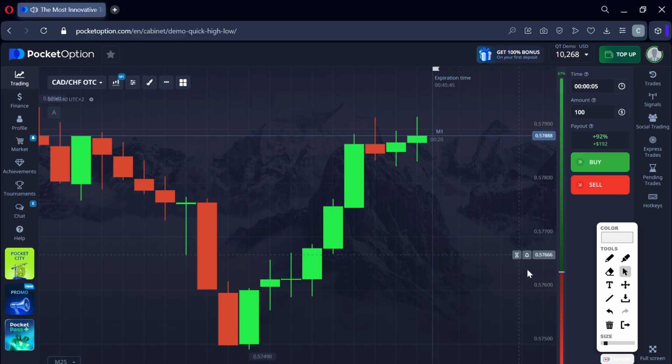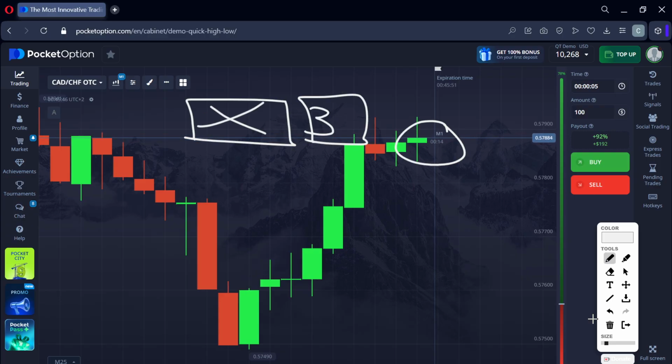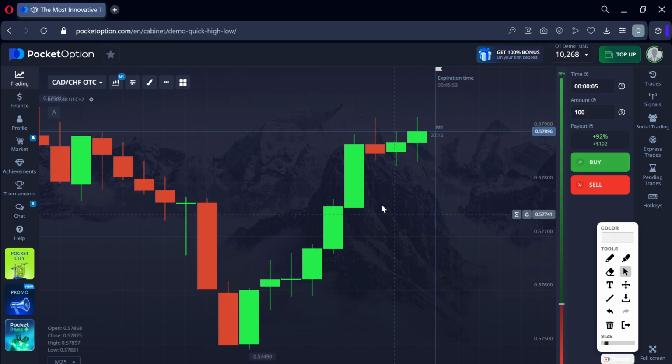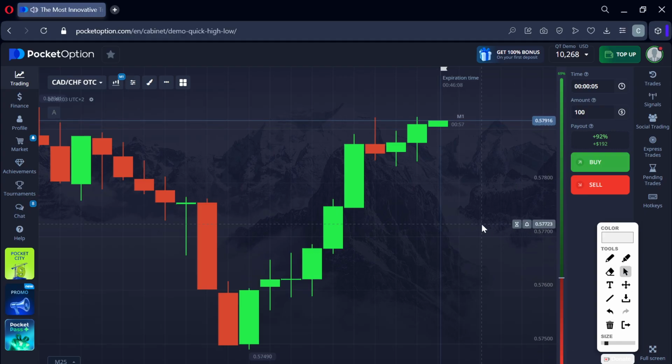So I would just say, don't enter immediately in the first 3 seconds that the candlestick opens, or else you're going to cause a lot of problems for yourself. Because like I said, when the candlestick opens, it normally creates a lot of movement like this before it then decides, is it going to go up, or is it going to go down? So there we had a loss.